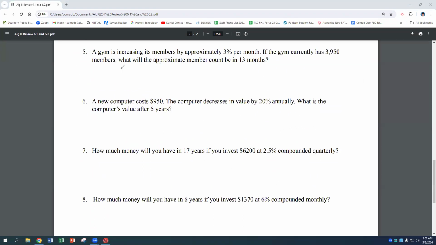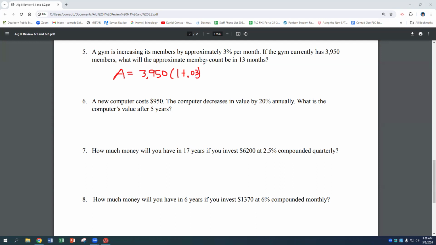Right, so we're going to do A equals, okay, our initial amount, which is 3,950. Okay, and then we have 1 plus our rate, which is going to be 0.03, right? 3% written as a decimal is 0.03.